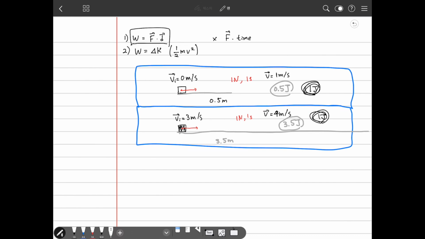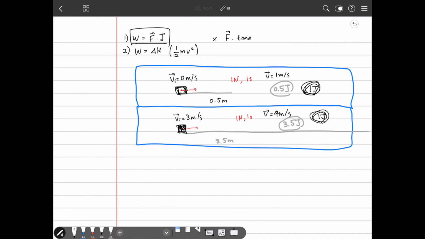And you might be complaining, so this example shows us that if the initial velocity of the block is slower, then we do less work. And if the initial velocity of the block is faster, we do more work on the block. Because, as you see in the example, if the initial velocity is slower, the distance is obviously much lesser than when the initial velocity is faster.